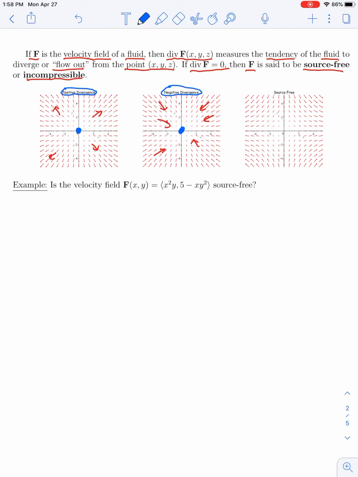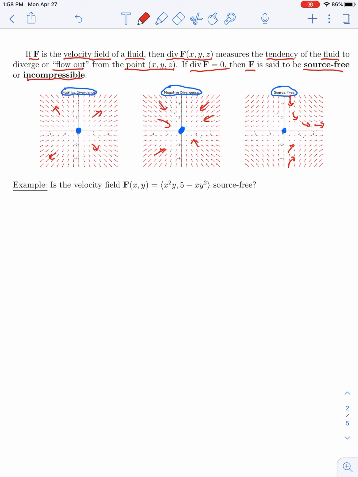And then the last case would be 0 divergence, or a so-called source-free or incompressible vector field. Here, if we look at the origin, our vectors may initially appear to move towards the origin before moving outward from it.